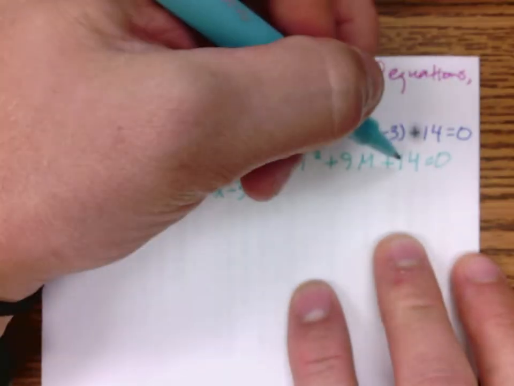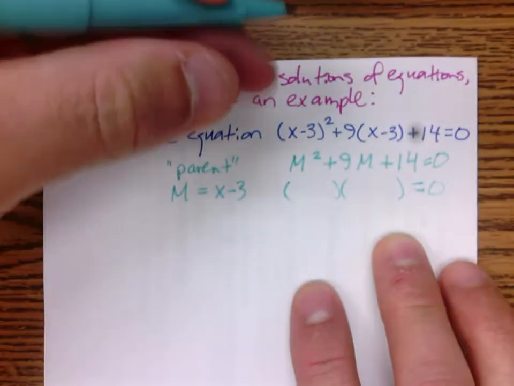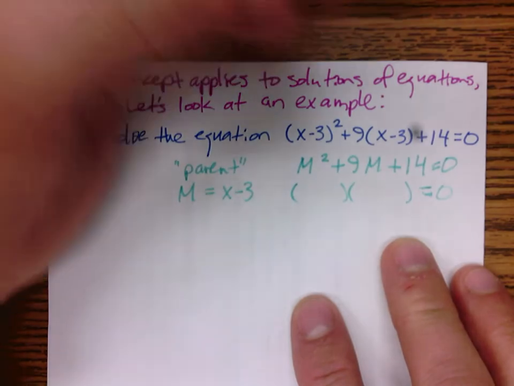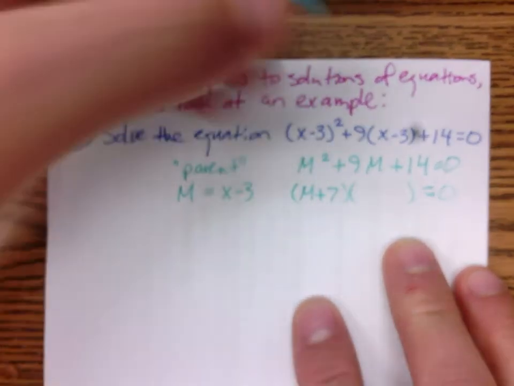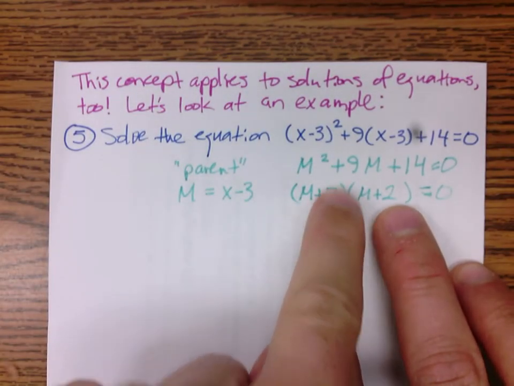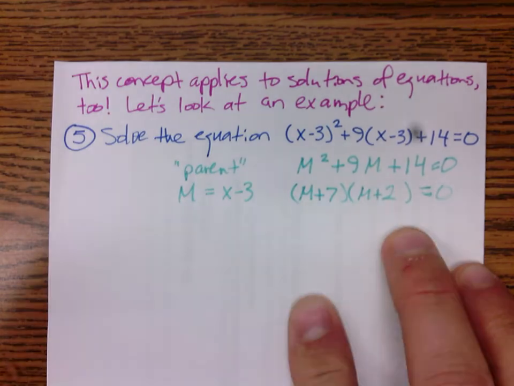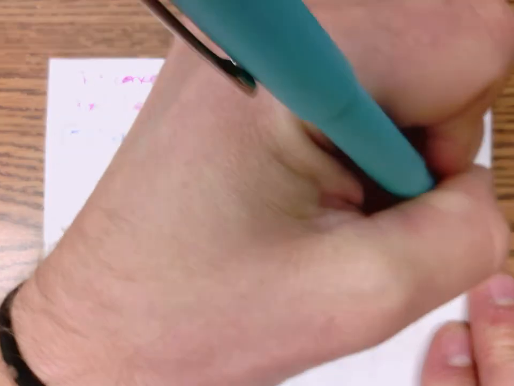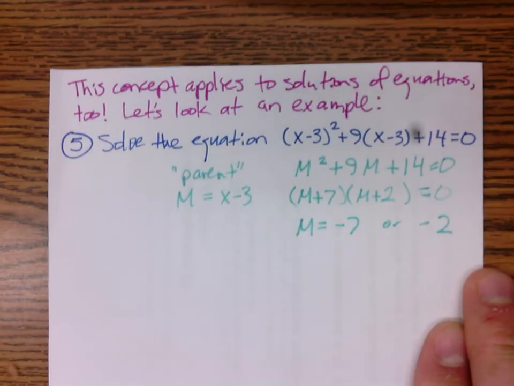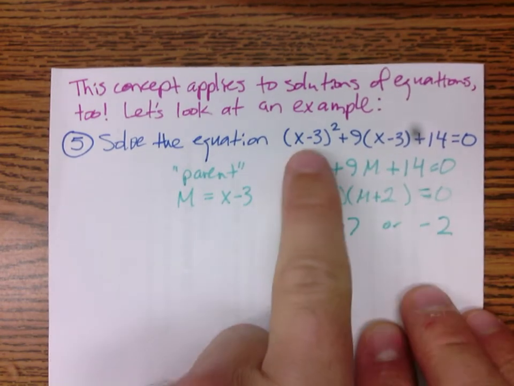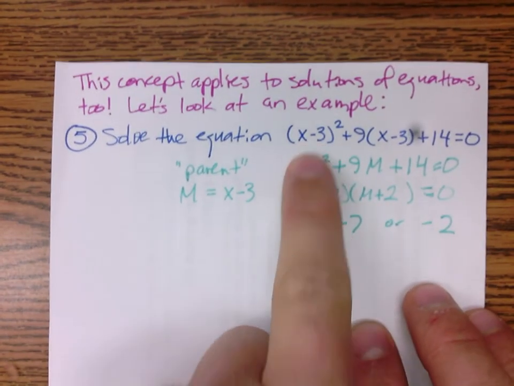And you all know how to solve this now, right? This is quadratic, and I've made it on purpose factorable, so you don't have to use any ugly quadratic formula right now, because we're just looking at the concept. This factors into m plus 7 and m plus 2, because 7 plus 2 is 9, and 7 times 2 is 14. And therefore m equals -7 or -2. The only thing here is we can't just call it done, because we're trying to solve this equation for x, and we allowed m to be the quantity x minus 3.